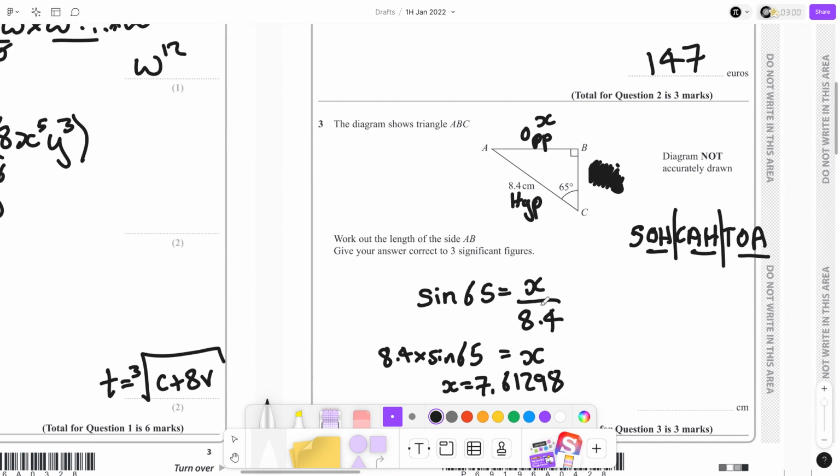Always worth writing down more accuracy than you need. And then we're going to round that to 3 significant figures, so 7.61 to 3 significant figures, so non-zero, so it's just the first 3 numbers, like that.